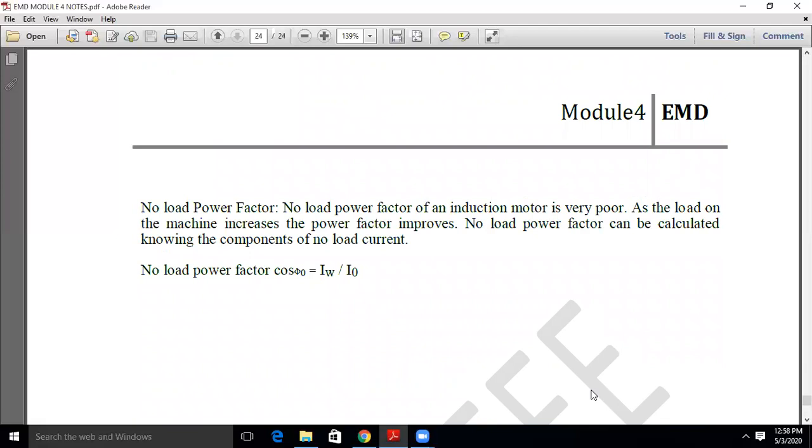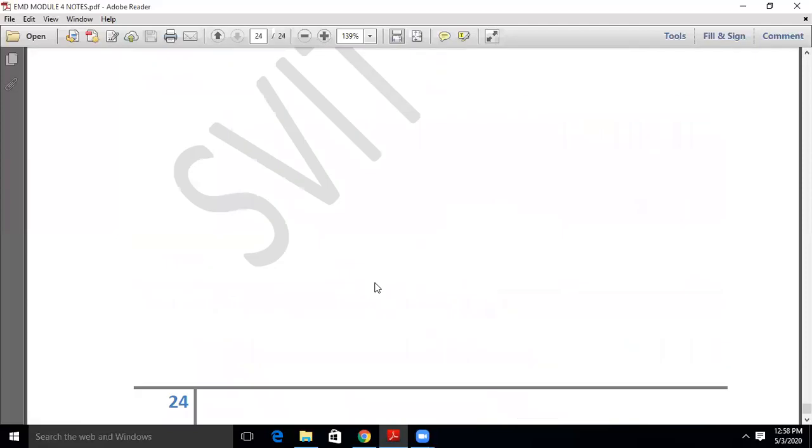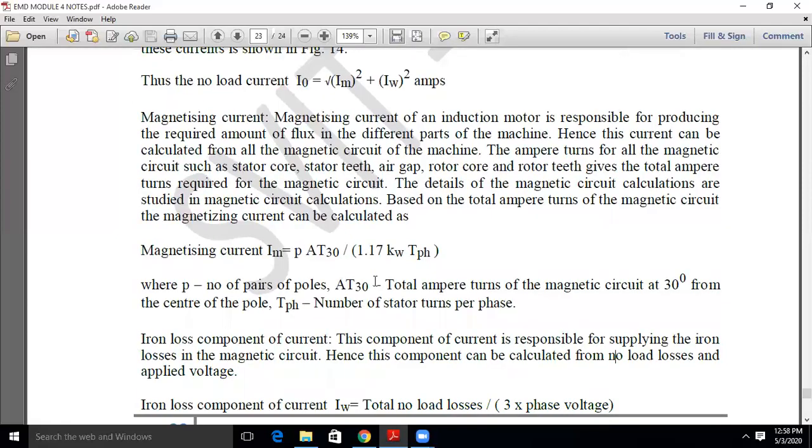So this is about the no load current. Then the no load power factor; this is the formula for the no load power factor. These things can be evaluated, and after that we need to correlate with the design. So this is about performance evaluation.